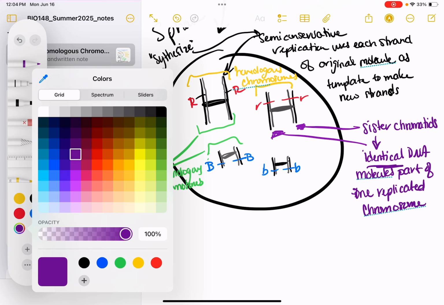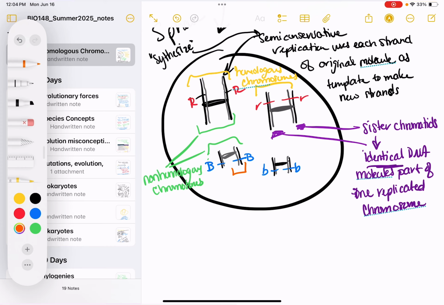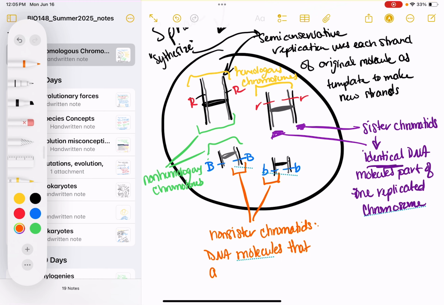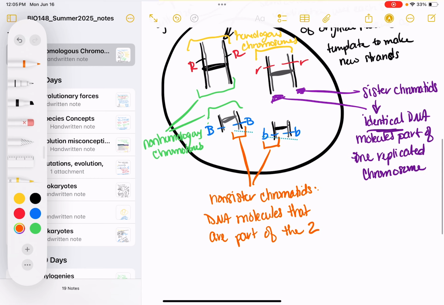And that's a little bit different, right, than these two, right? So here I've got non-sister chromatids, and these are DNA molecules that are part of the two homologous chromosomes.